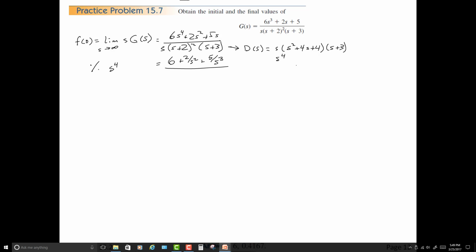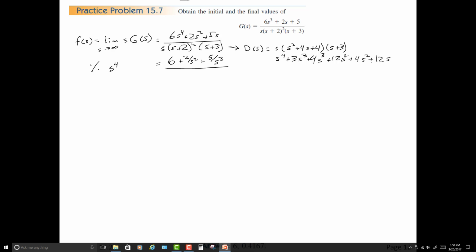So I think I'll just go ahead and tell you the terms here. I worked them out on scratch paper. Plus, so it's s to the fourth. I'll show you all the multiplied terms. Plus 3s cubed plus 4s cubed plus 12s squared plus 4s squared plus 12s.